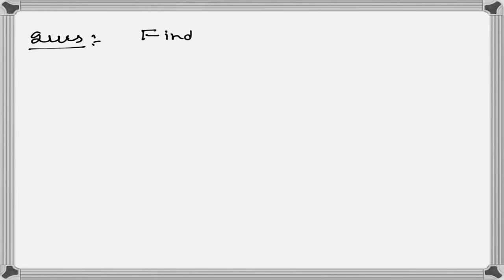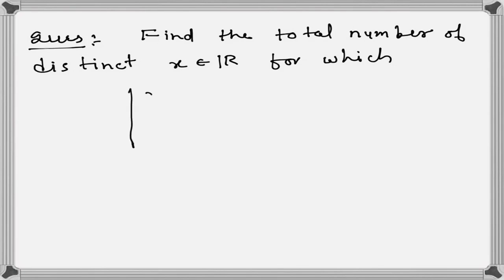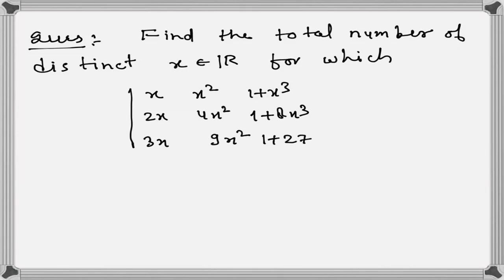Find the total number of distinct x belonging to R, that is the real numbers, for which the determinant with rows (x, x^2, 1+x^3), (2x, 4x^2, 1+8x^3), (3x, 9x^2, 1+27x^3) is equal to 10.